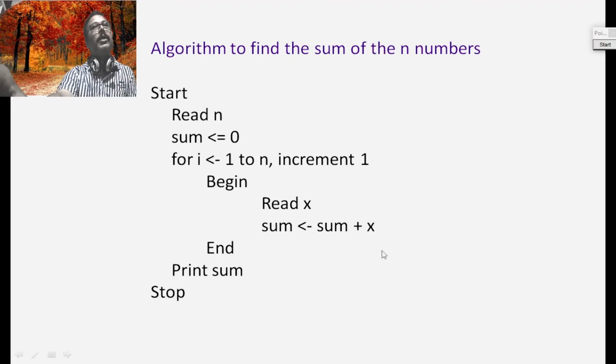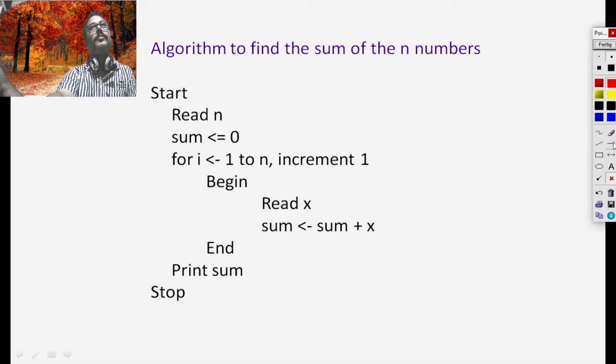But what I am asking is to add even numbers separately and odd numbers separately. Sum even represents the sum of the even numbers and sum odd represents the sum of the odd numbers.